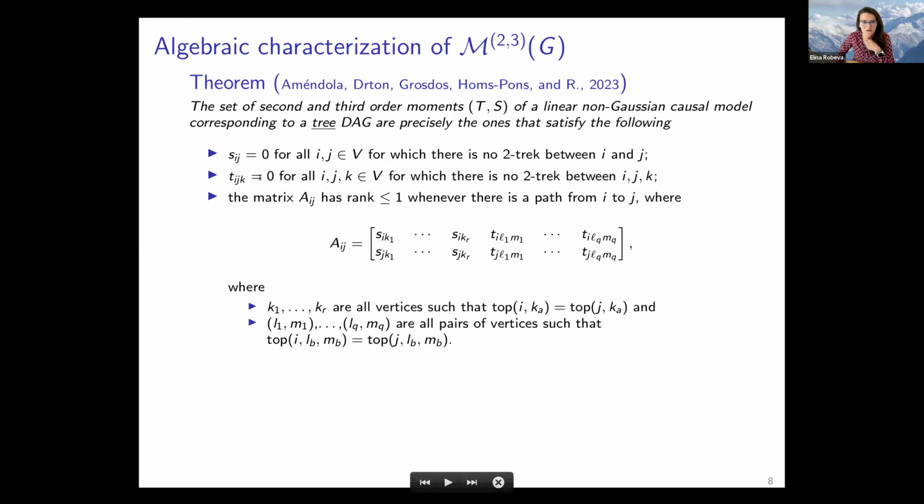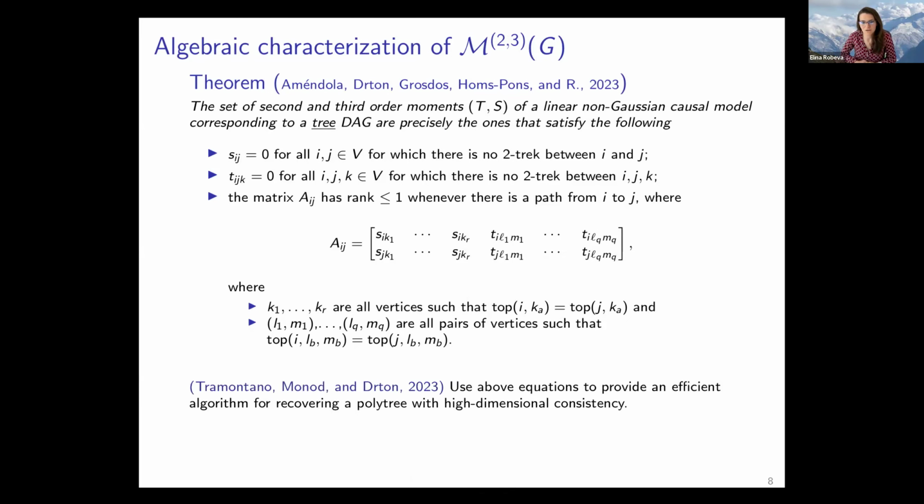So the constraints are saying these matrices, which I will explain how to form, have rank 1, and also some specific entries are 0. But this characterization was also used later by people to provide a more efficient algorithm for recovering a polytree that has good high-dimensional consistency.